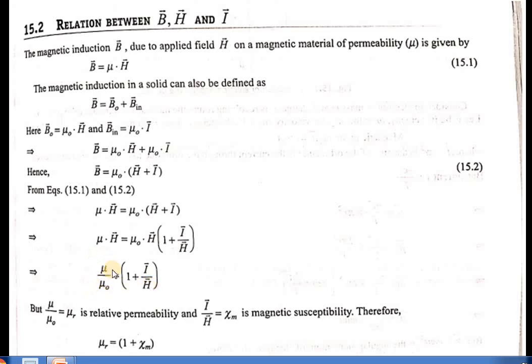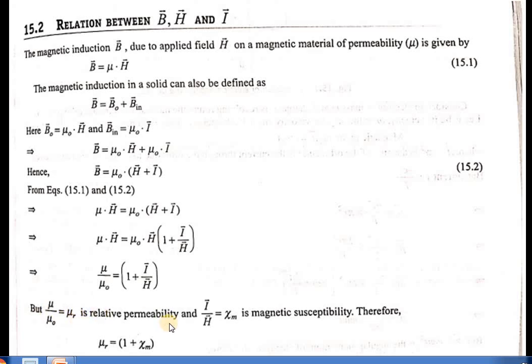Here mu/mu naught, the ratio of the permeability of the medium to the permeability of free space, is equal to the relative permeability mu r. And the ratio between the intensity of magnetization I and the magnetic field strength H is equal to the susceptibility.